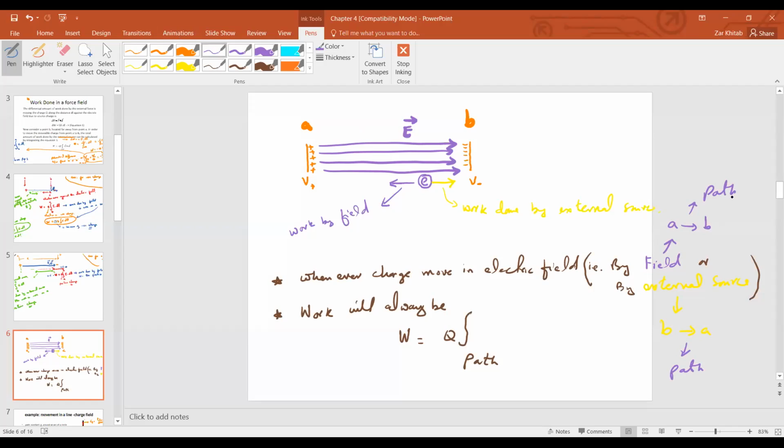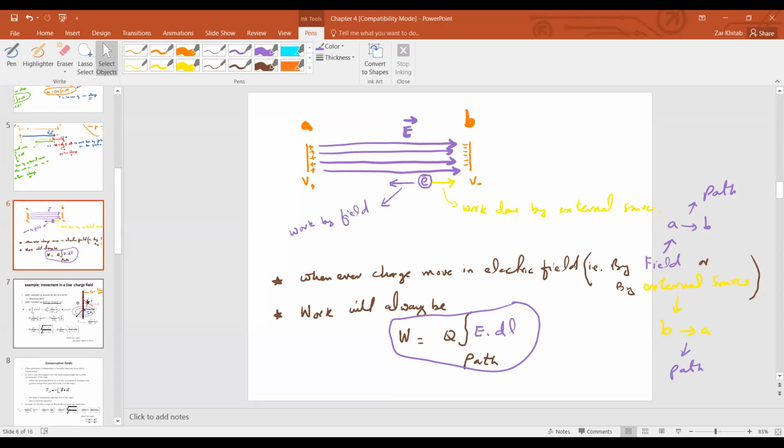And what should I put? E dot dl, the path. Is this perfect? Whenever you try to find the work, you have to consider E and then the path.